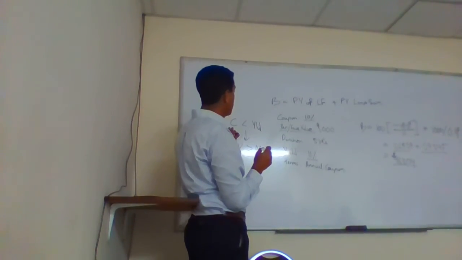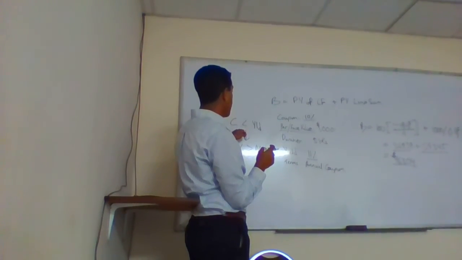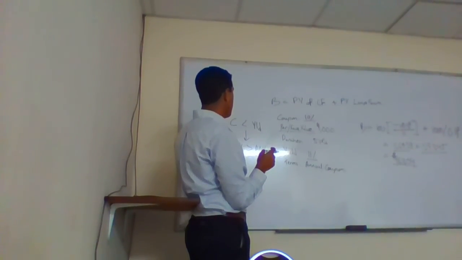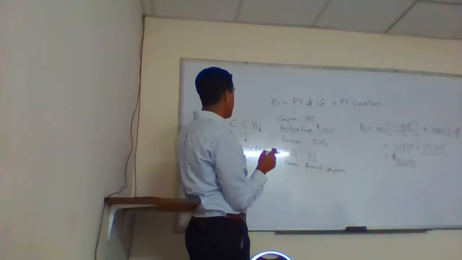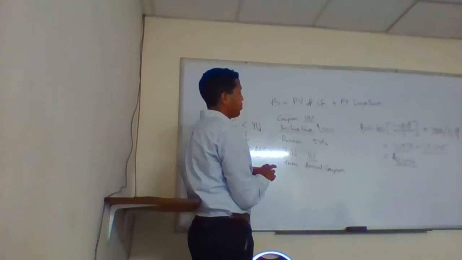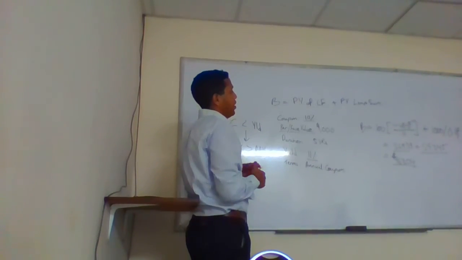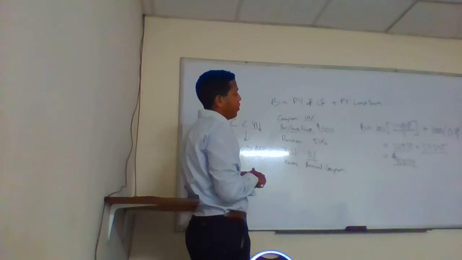And in reverse, if the yield in the market is less than the coupon, the market value will be more than the face value, because they're saying, well, I'm getting a good bond, I'm going to pay more for it than its face value, and vice versa.